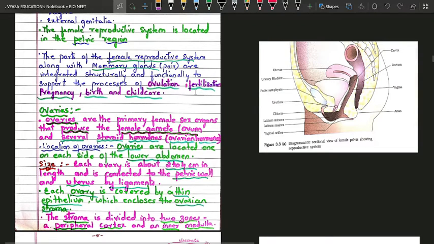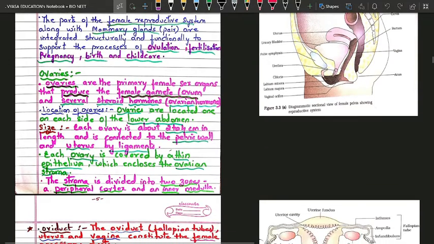The fallopian tubes help in fertilization. Pregnancy is supported by the fallopian tubes, the uterus, everything. For birth, the vaginal canal and the cervical canal help. For childcare, the mammary glands help. So the female reproductive system along with the mammary glands helps in all these functions: ovulation, fertilization, pregnancy, birth and childcare.